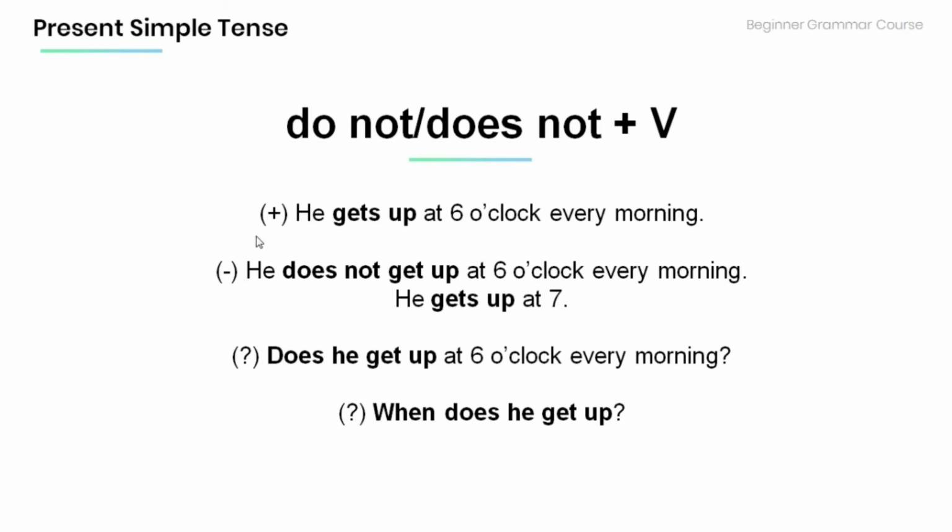The negative form of this sentence would be, he does not get up at 6 o'clock every morning. He gets up at 7. And the question form, does he get up at 6 o'clock every morning? Another question form, when does he get up?